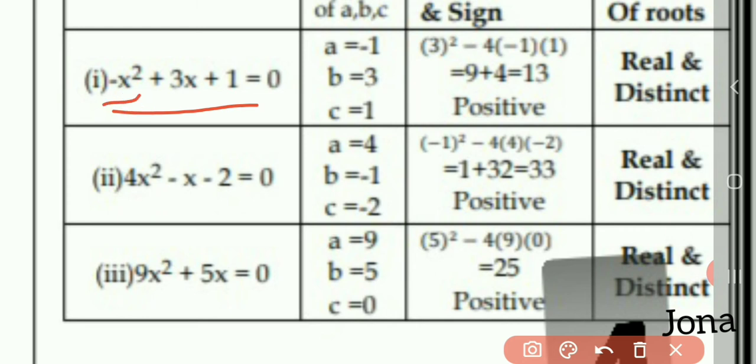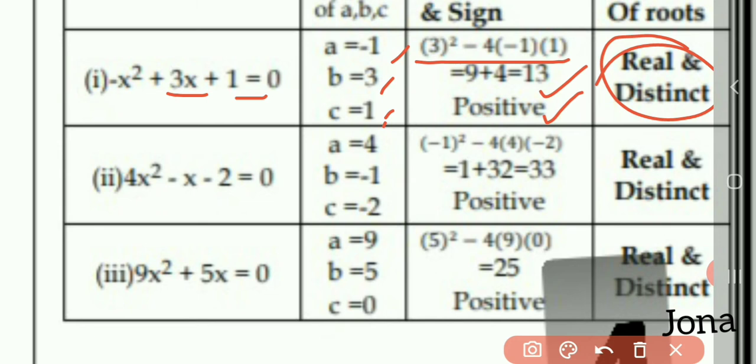A is −1, b is 3, c is 1. Then let us substitute in b² − 4ac. So 3² − 4 into −1 into 1, I got 13. 13 is a positive number, which is greater than 0. Therefore the nature of the roots is real and distinct.